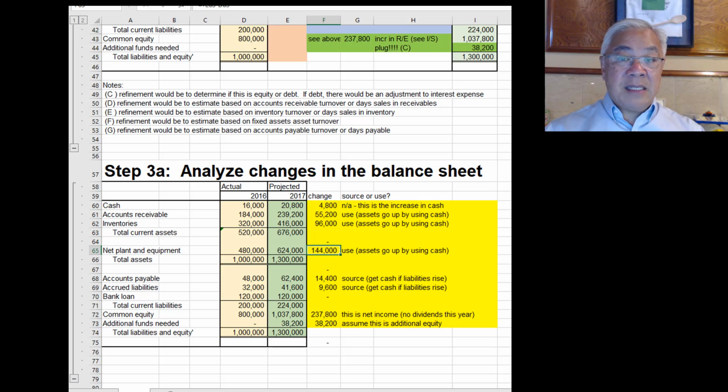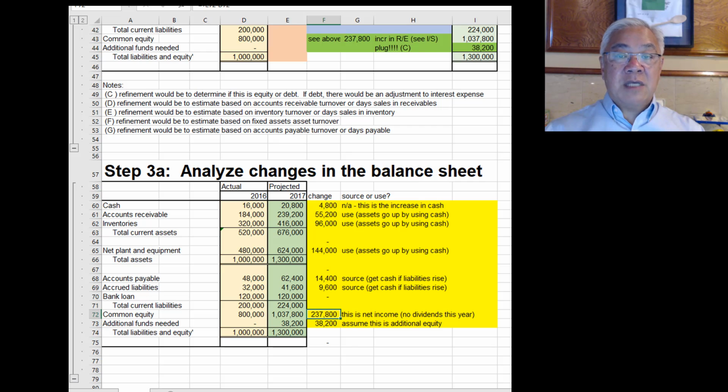If it goes up, we spent cash, use of cash. Accounts payable goes up. That means people are nice to us. They let us have more debt, so therefore that's a source of cash. Accrued liability goes up. We're delaying payments to other people. That's a source of cash. Bank loan, we assume no change for now, so it's a zero change, but note that it's an assumption.